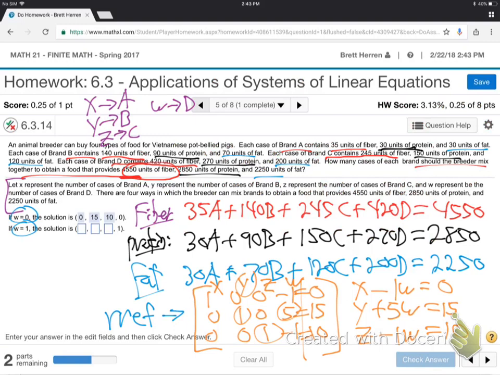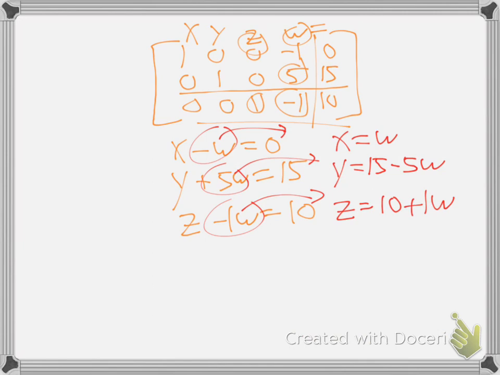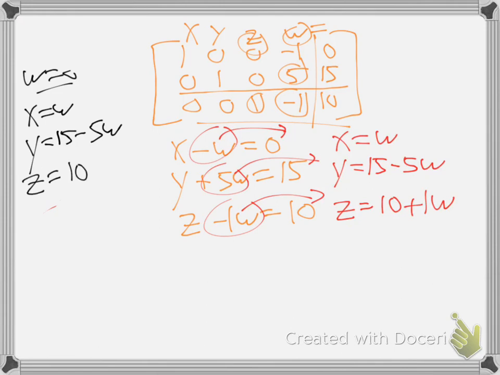Going back to the question, they say, okay, plug in W equals 0 and tell me the answers. If W is 0, what are you going to get? So for W equals 0, X is W again, Y is 15 minus 5W, Z is 10 plus 1W.